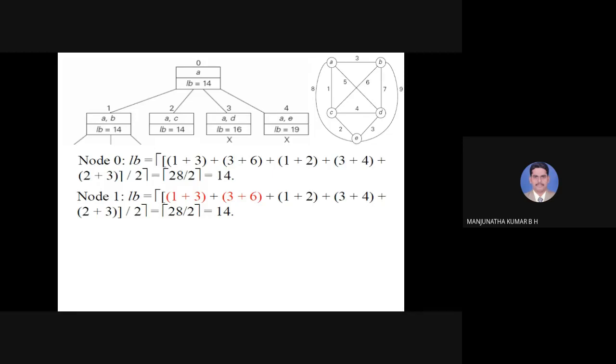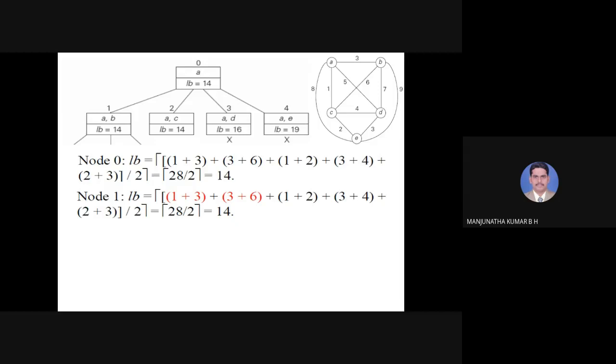The first term, the value I have written within the first bracket, is related to A. The second bracket is related to B, the third term to C, the fourth term to D, and the fifth term to E. Now for node 1, I am taking only two vertices, A and B. So I need to make changes, if required, only with respect to the terms related to A and B.